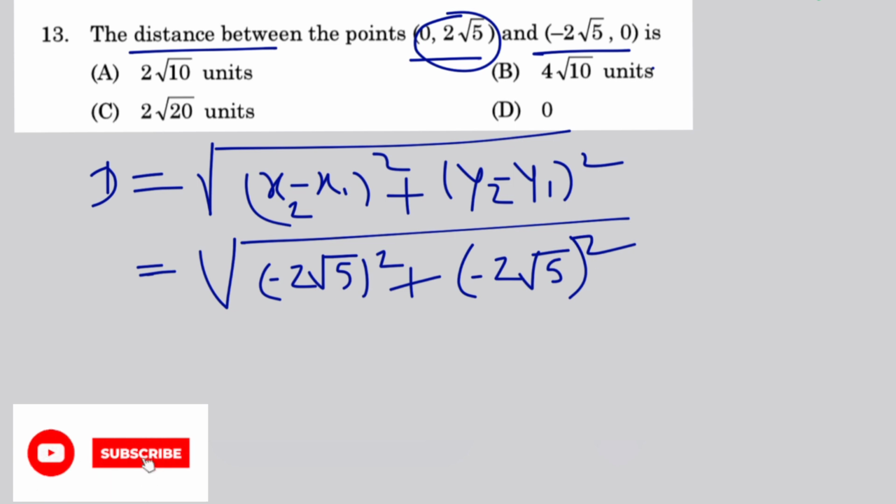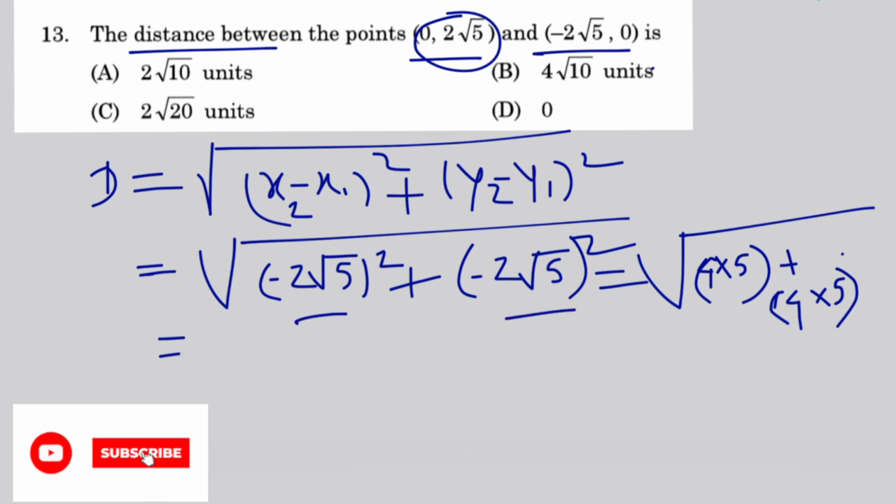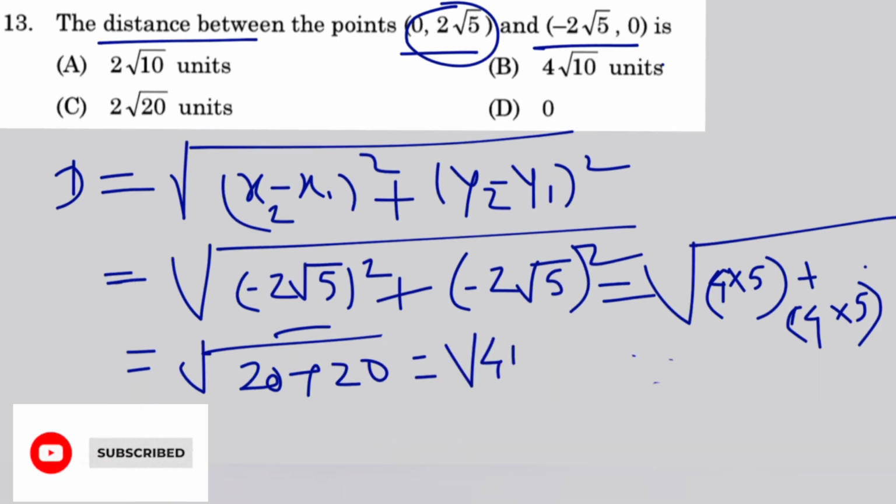Now under root, 2 root 5 square means I can say 4 multiplied by 5, plus again 4 multiplied by 5. I have done the square of both of the terms. Now it is 20 plus 20, so it is 40.